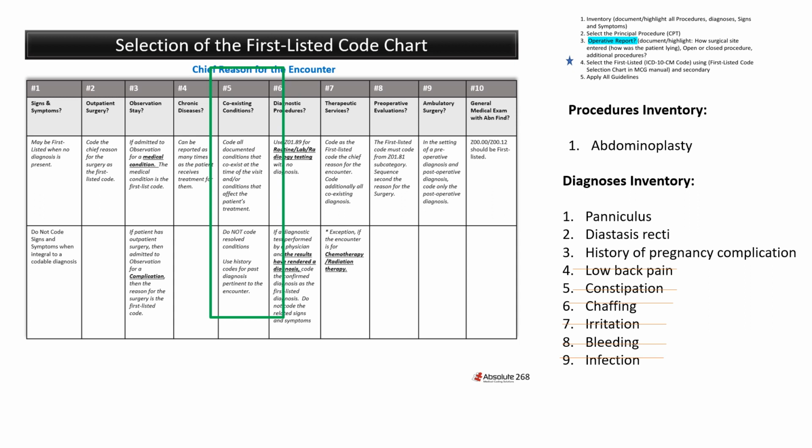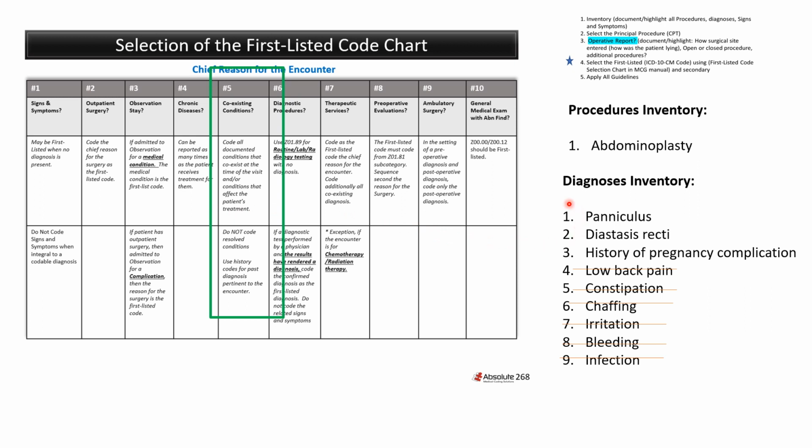So if we go to number 5, I'm going to go seek some guidance. Number 5 tells us that when you have coexisting conditions, code all documented conditions that coexist at the time of the visit or conditions that affect the patient's treatment.